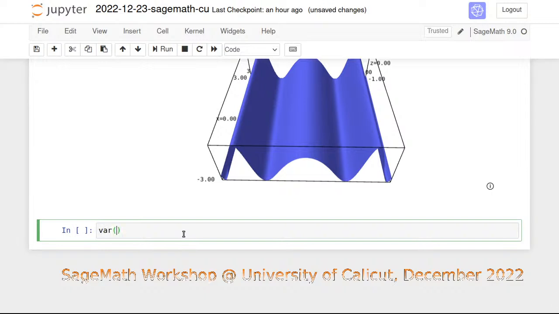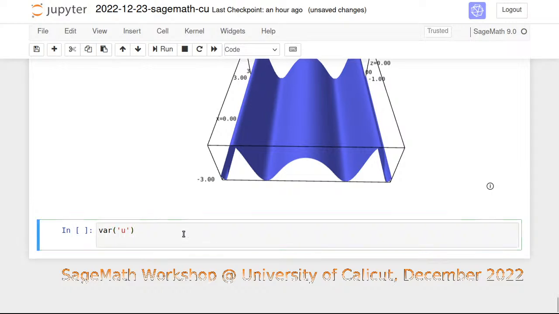So let us define the usual variable t or u. Just like ParametricPlot, we have a ParametricPlot3D option available.